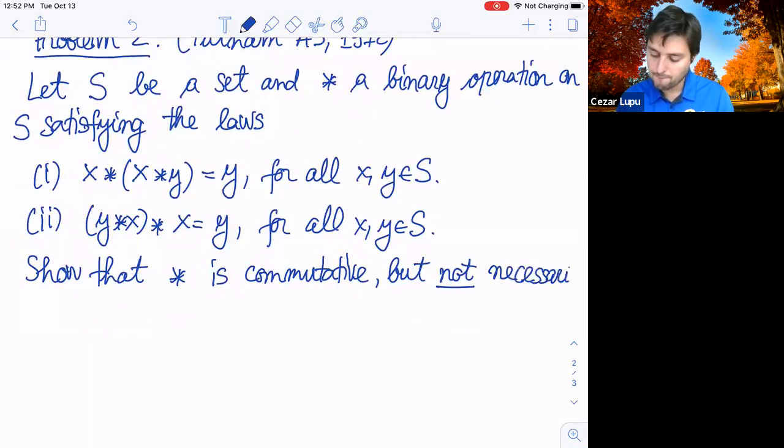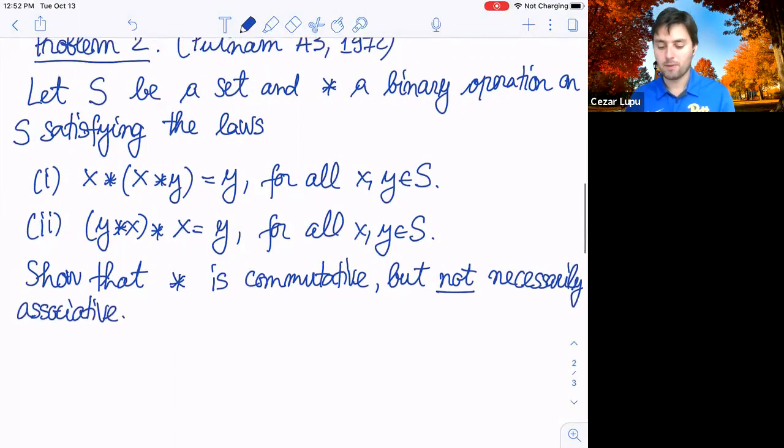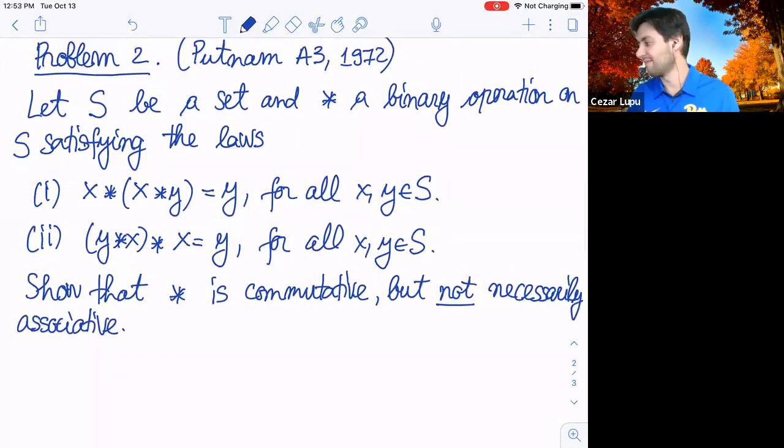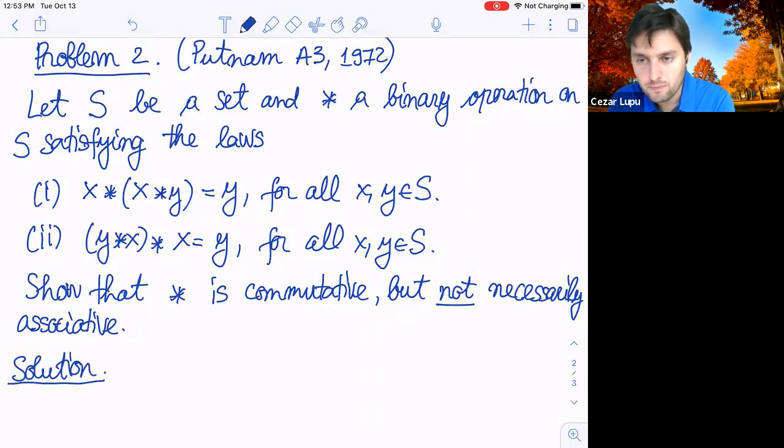I want you to look at it. Basically, you have to show that X star Y is the same as Y star X.